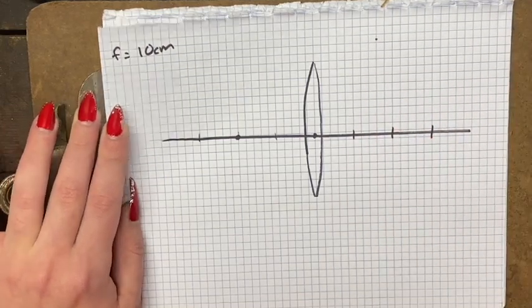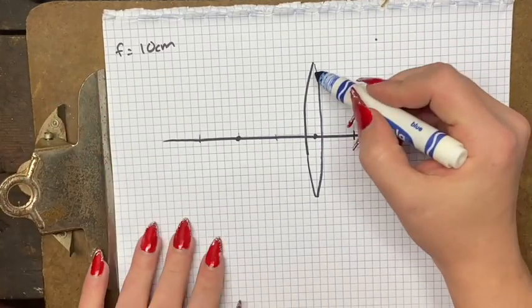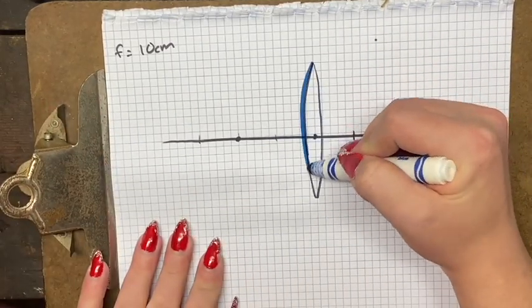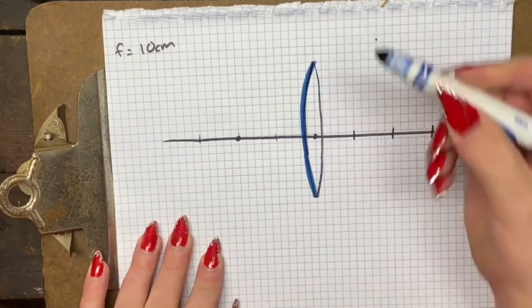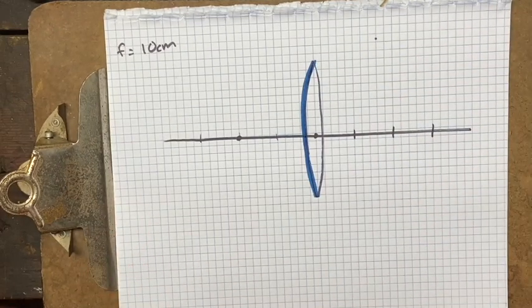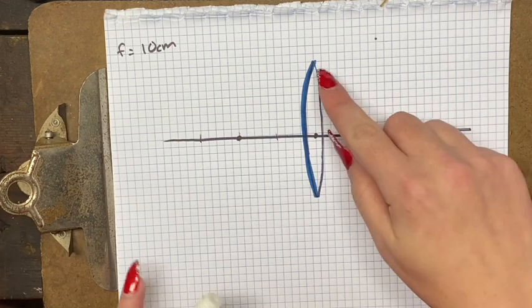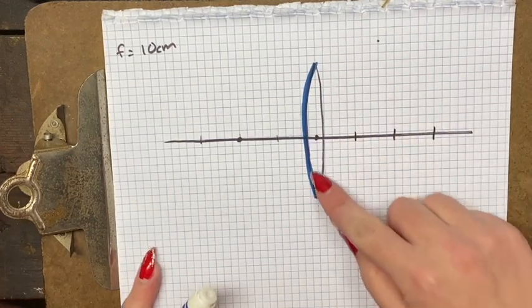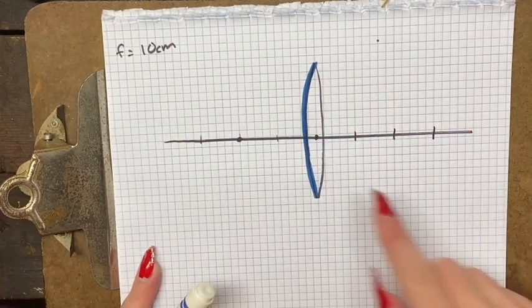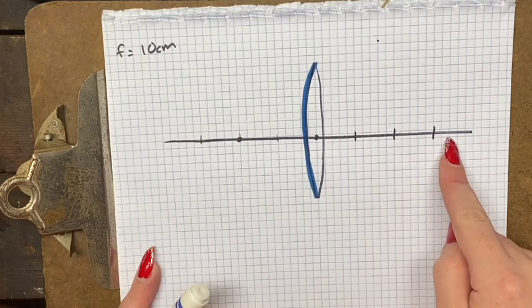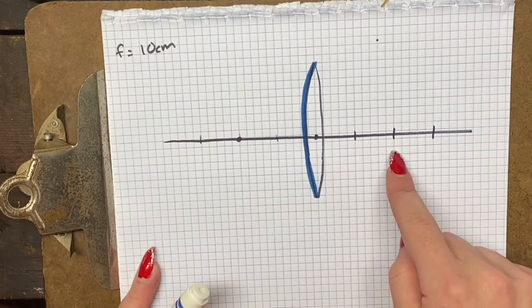Focus your attention on this first surface and ask yourself, if this was a mirror, how would you go about finding the focal point? Well, we'd say the focal point is half the radius from the first surface, or if this was a mirror, the mirror's surface, the center of curvature would be over here. So that means the focal point would also be on this side.